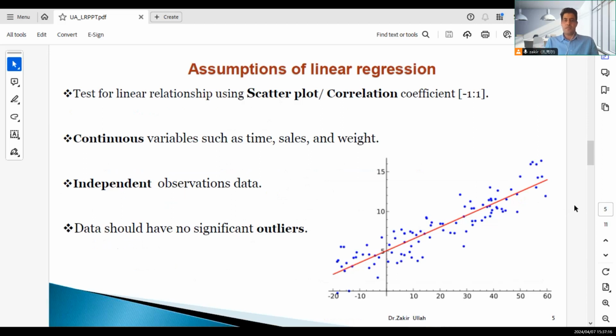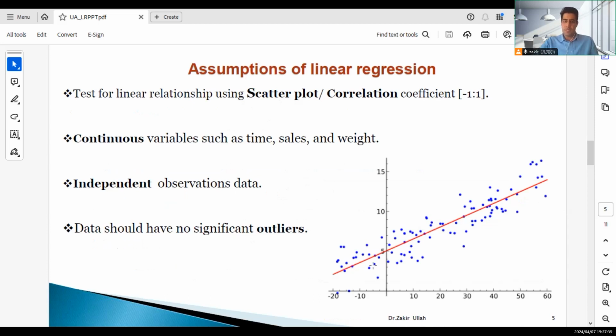These are some assumptions that must hold before deciding whether to apply linear regression to solve a prediction problem. The first thing is we need to draw the scatter plot and find the correlation coefficient to find out whether there exists a strong relationship or correlation between the dependent and independent variables.